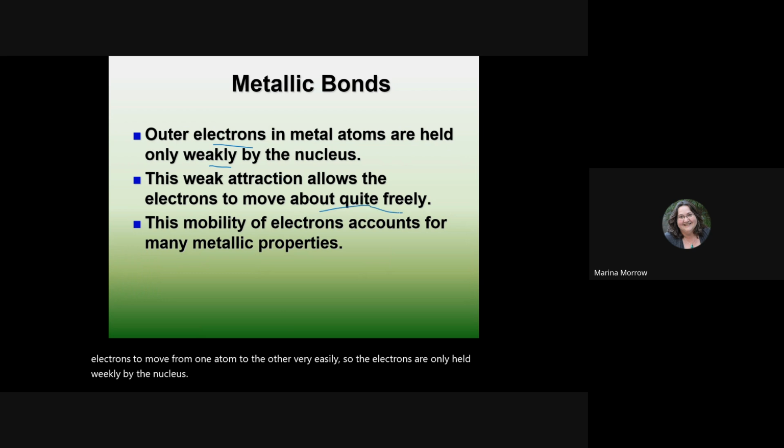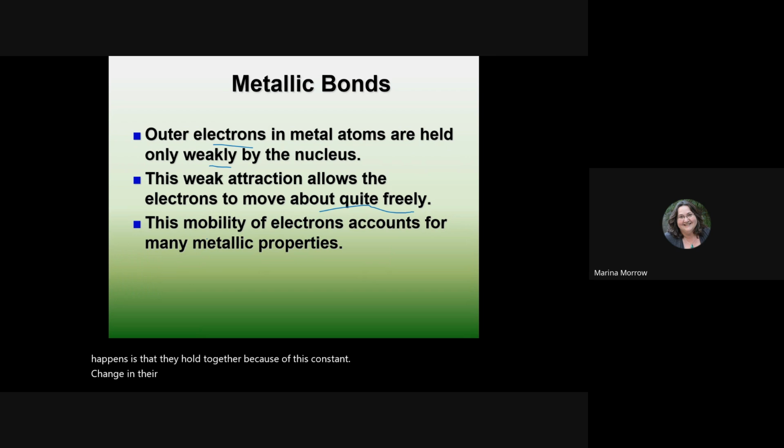So the electrons move around freely, and they jump from one atom to the other. So the atoms are sometimes a little positive, sometimes a little negative, depending on how many electrons they have. And so what happens is that they hold together because of this constant change in their charge.